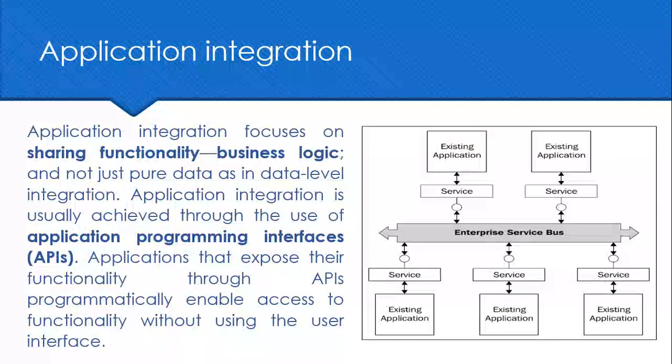Next one is application integration. Application integration focuses on sharing functionality and business logic, in contrast with data level integration, which focuses on data. This one focuses on shared functionality and not just pure data as in data level integration.